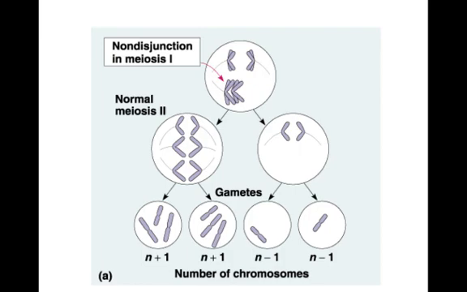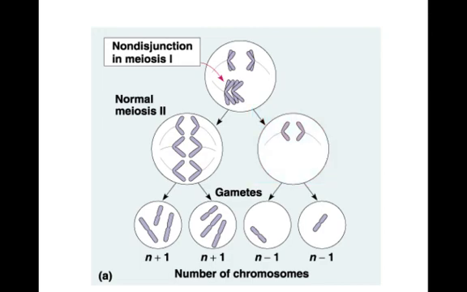Non-disjunction is the mechanism by which the chromosomes are not separating. So you'll see in this graphic the parent chromosome at the top is actually split into 2 cells, and the chromosomes should split evenly. But in the first stage, the chromosomes did not separate evenly to either cell. So you had extra chromosomes resulting in the cell on your left, and you had too few chromosomes resulting in the cell on your right.